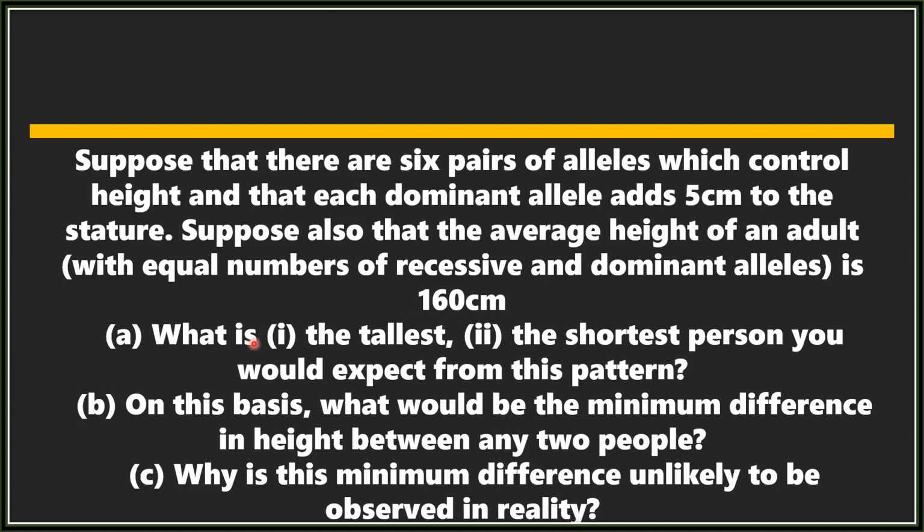What is the tallest and the shortest person you would expect from this pattern? B. On this basis, what would be the minimum difference in height between any two people? C. Why is this minimum difference unlikely to be observed in reality?